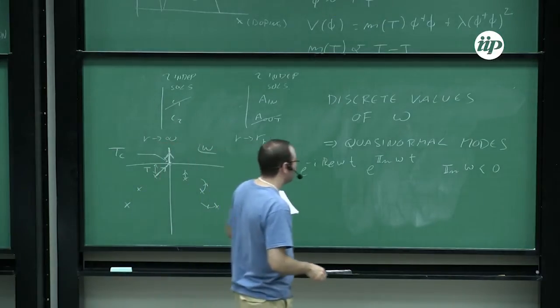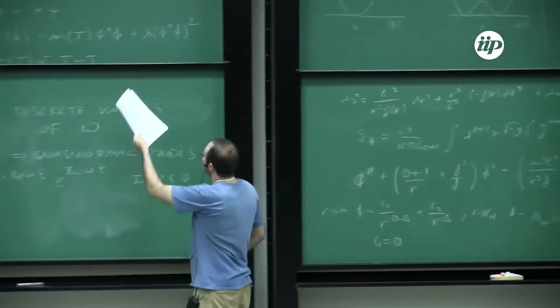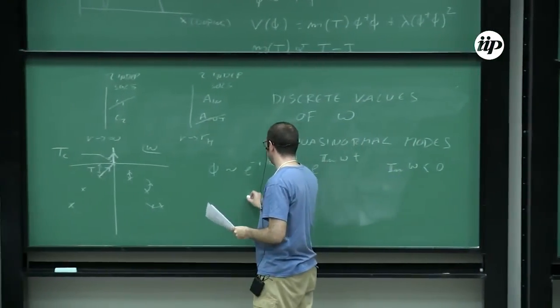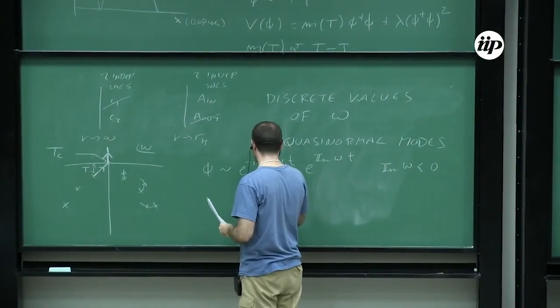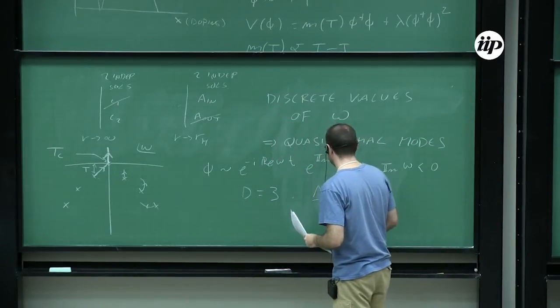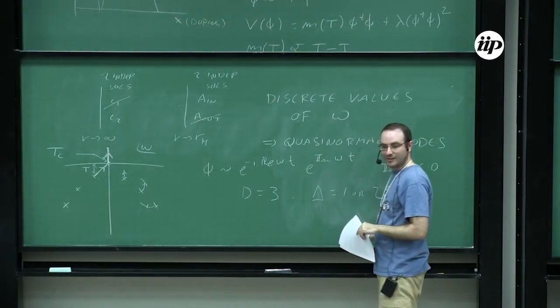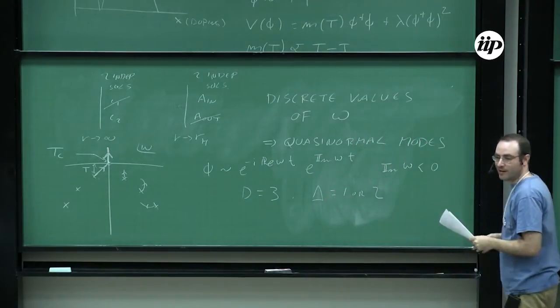Well, for concrete models, you fix delta, usually, no? HHH did it for D equals 3, and then I think delta was maybe 1 or 2. But in principle, you can do this for any relevant operator.